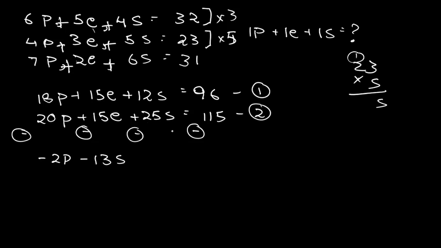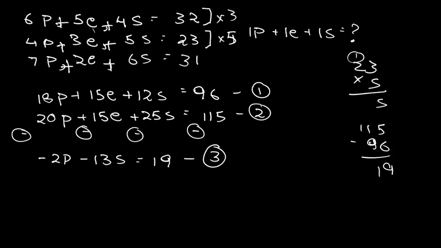And this is equal to 96 minus 115, which is minus 19. As simple as that. You can consider this as equation number 3.